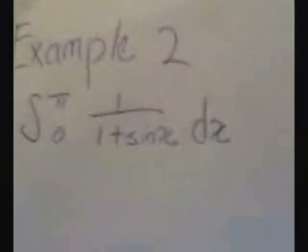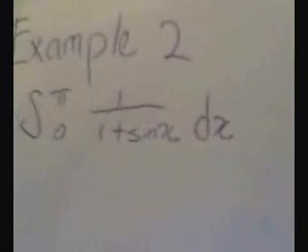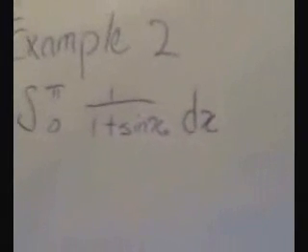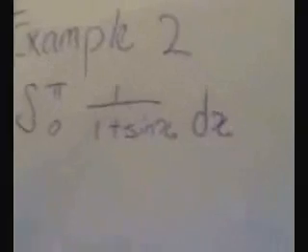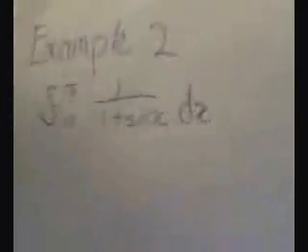Now, let's do example 2. By using Simpson's rule with 6 strips, determine the approximate value of the definite integral from 0 to pi of 1 over 1 plus sine x dx. So this is the equation. What we know is that the number of strips, n, is equal to 6.